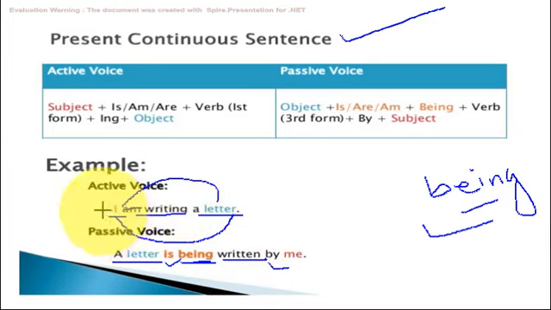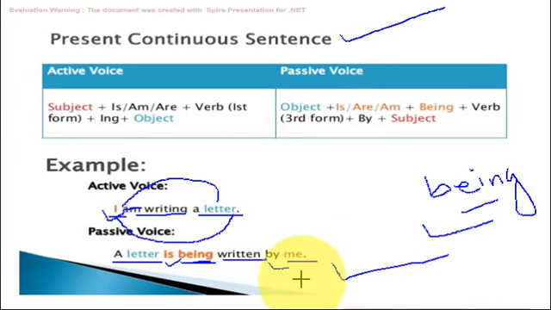Now while taking this subject I in the place of object, we should change its case. Case means, I hope you know cases in English: nominative case, objective case, possessive case, etc. These are the cases. Now here we have to put in objective case, so I became me here. Now your sentence is ready.